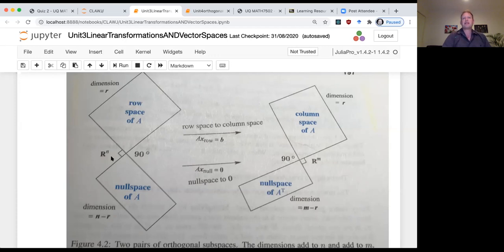We're speaking about, again, an M by N matrix. So the row space of A is like the column space of A transpose. It's all the possible linear combinations of the rows that you can do. That's what the row space is.